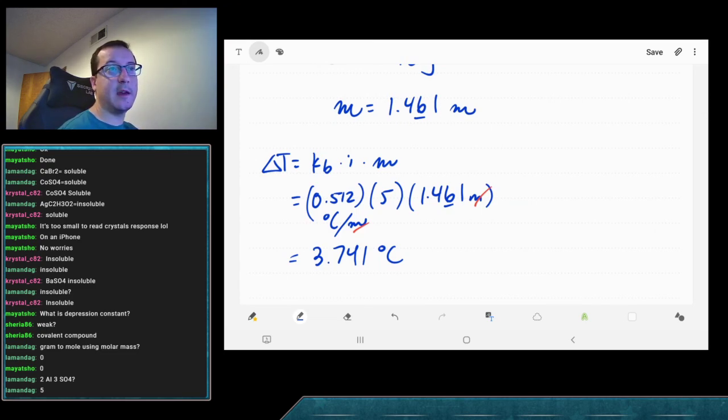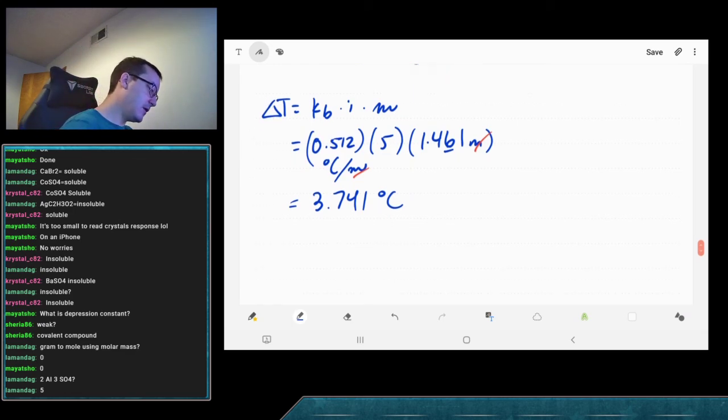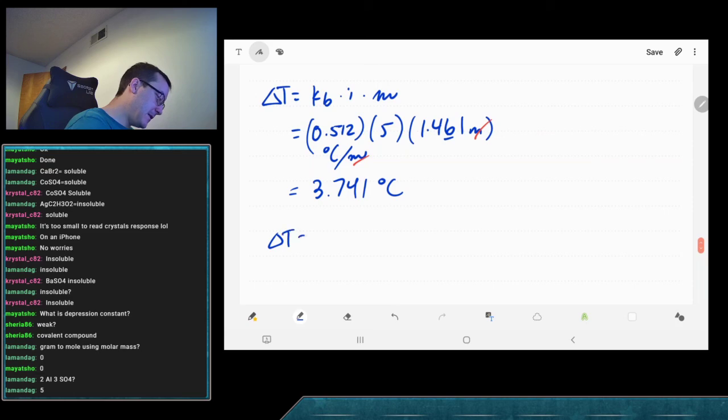Is this going to be our final boiling point? Do we think this solution is going to boil at 3.7 degrees Celsius? Which is colder than your fridge? Probably not, right? Remember, this is the change in temperature, the change in our boiling point. So remembering that this, again, is T final minus T initial.